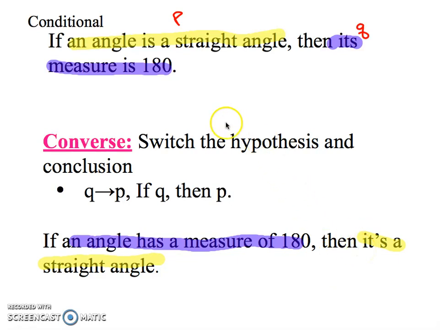The conclusion is highlighted purple right here, and it's at the beginning of the converse, whereas it was at the end of our conditional. So now it's found after the word if. So the converse is just switching your hypothesis and conclusion, switching which comes first in your sentence.